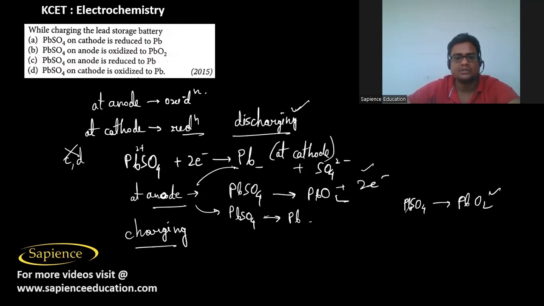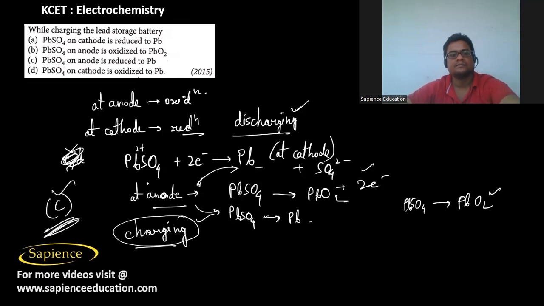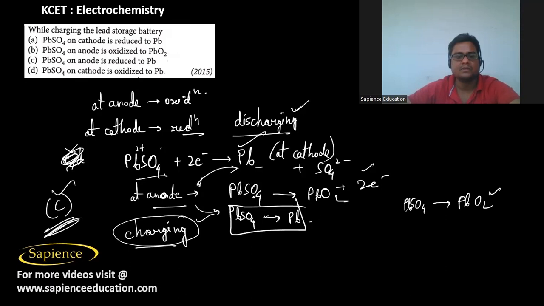So it means the opposite reaction will happen when there is charging. So option C is the correct answer. So at the anode only, this PbSO4 will be reduced to lead.